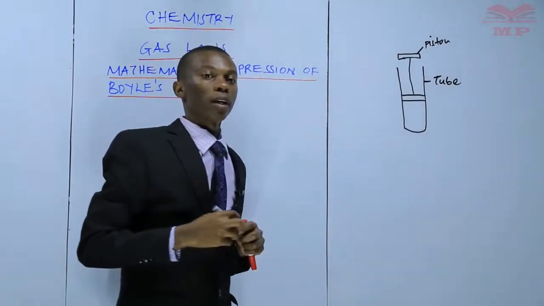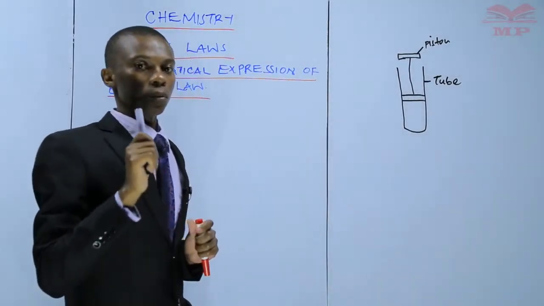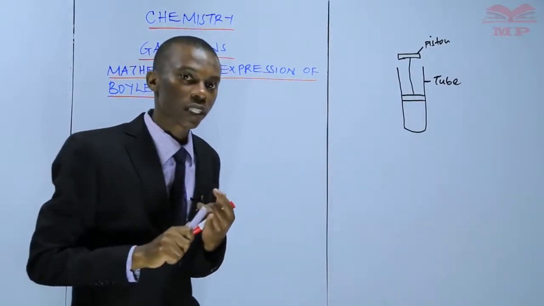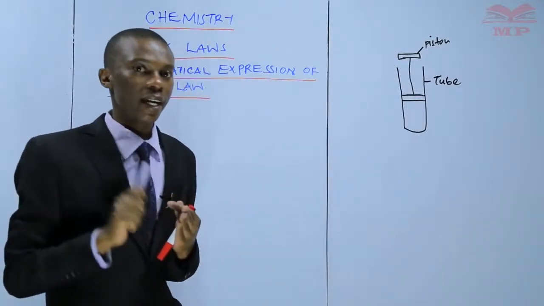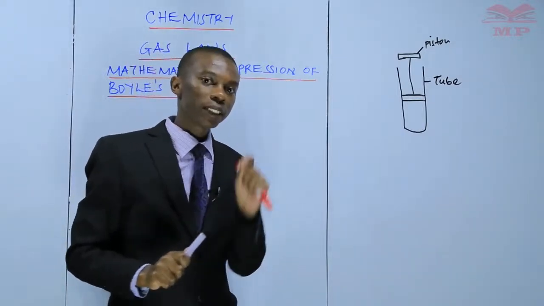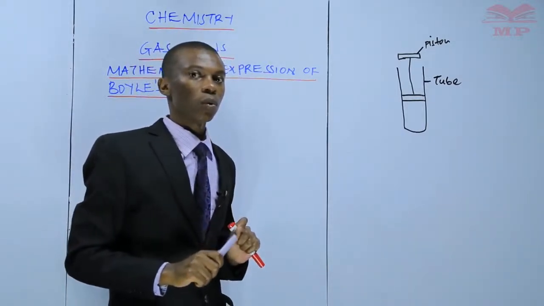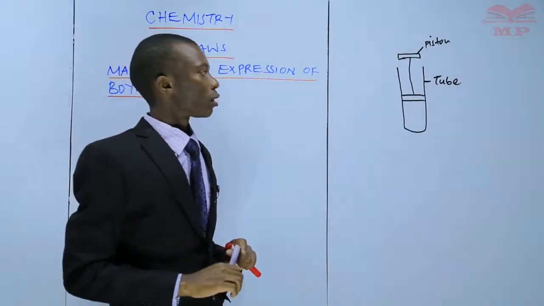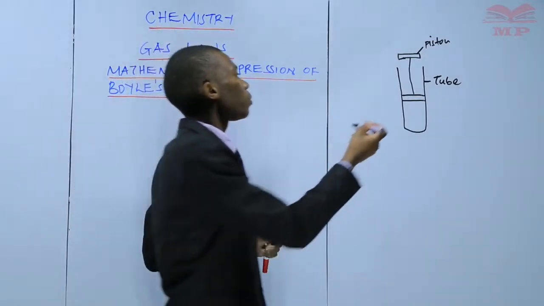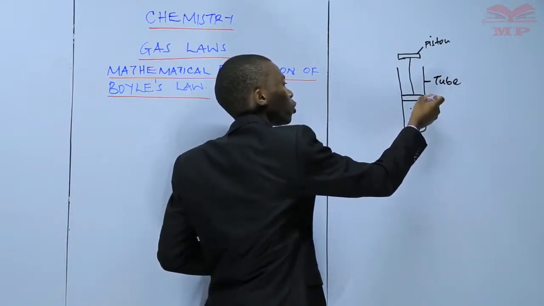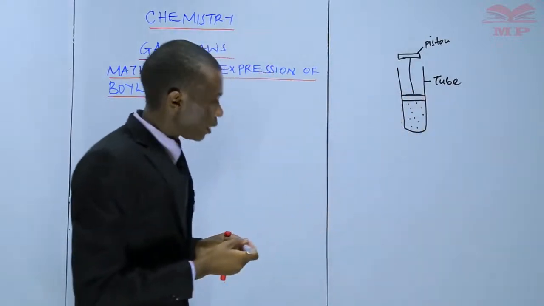And remember in Form 1, we said there are three states of matter, which are solid, liquid, and gas. And again, we said that matter is anything which has mass and occupies space. So this space has matter, and we have the particles of air inside.